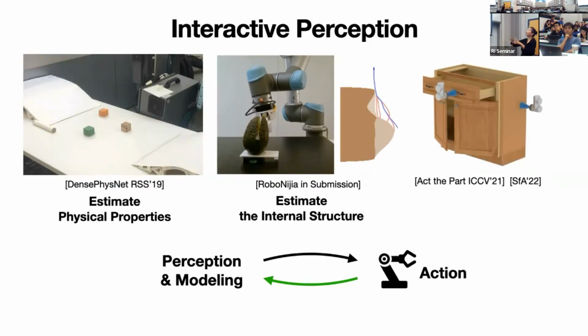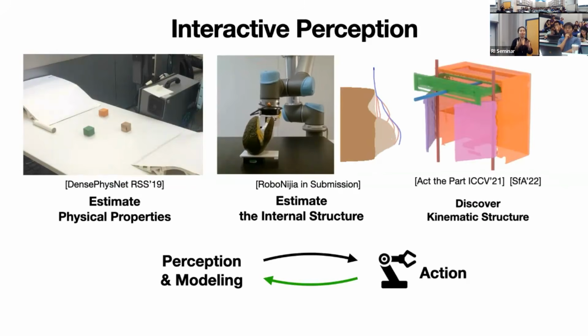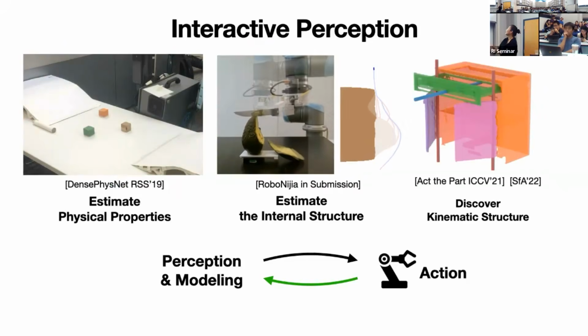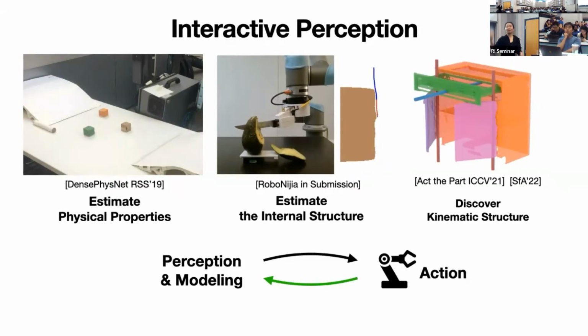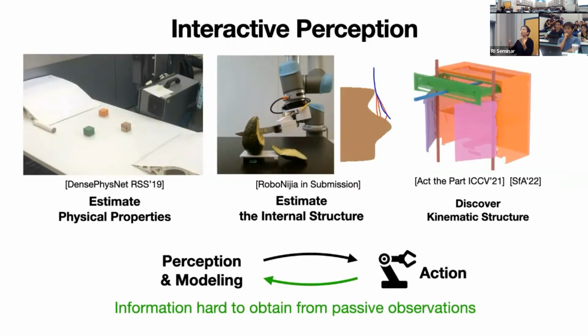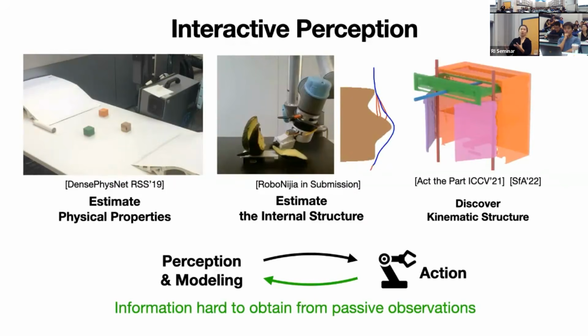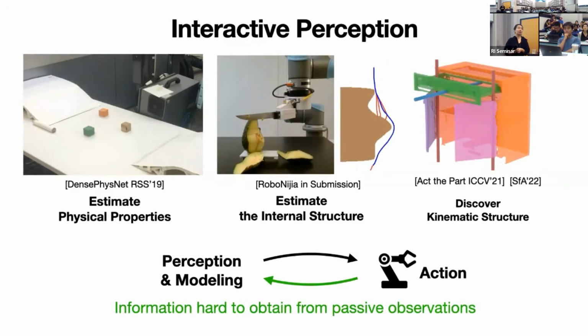Or interact with articulated objects to infer their kinematic structures: where the joint is and what the joint parameters are. All these examples retrieve information that's extremely hard to obtain from passive observation alone, which again highlights the importance of having action in the loop.